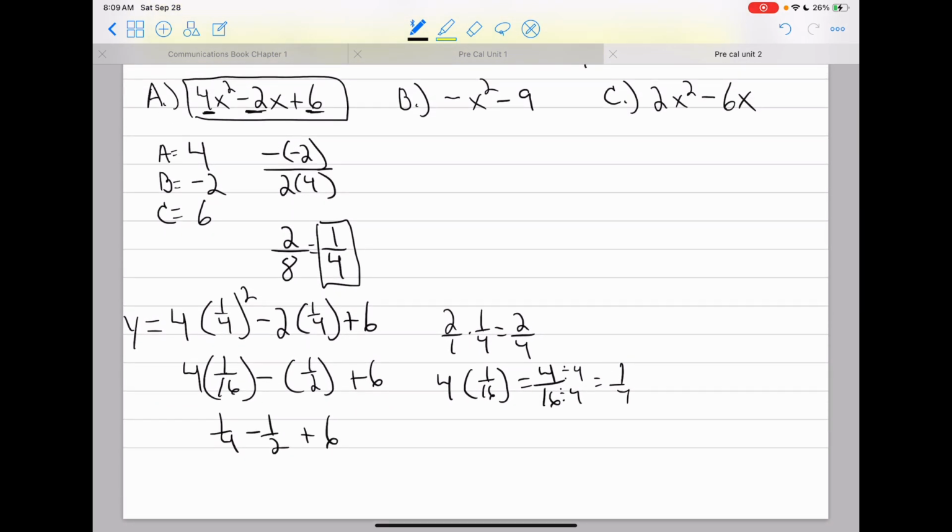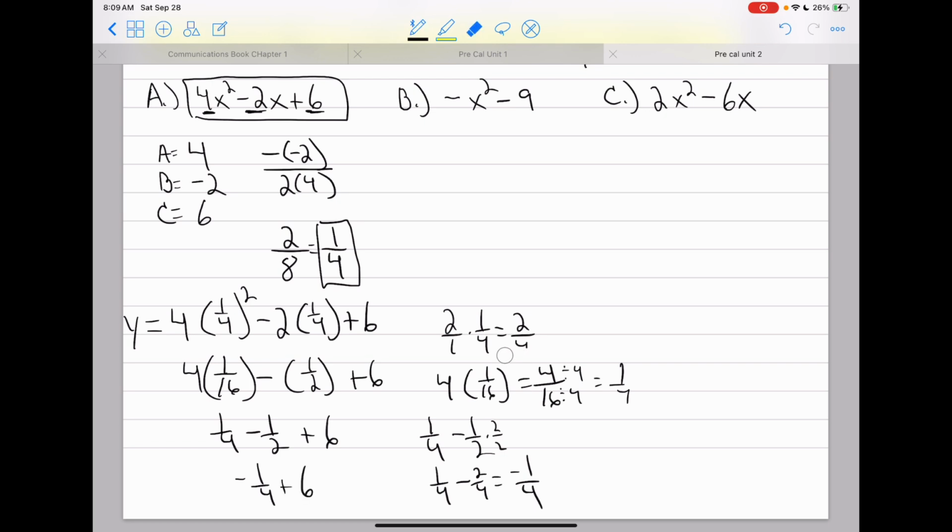Ooh, I like this fraction work. So now I've got to do 1/4 minus 1/2. That's 1/4 minus 2/4, so that's negative 1/4. So negative 1/4 plus 6. Woo, look at this.